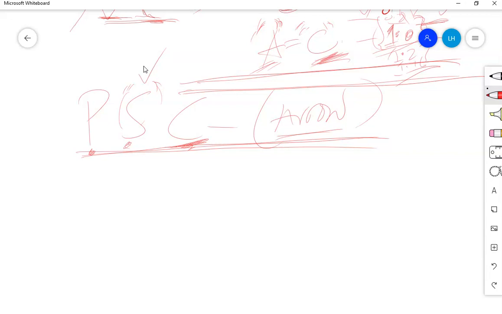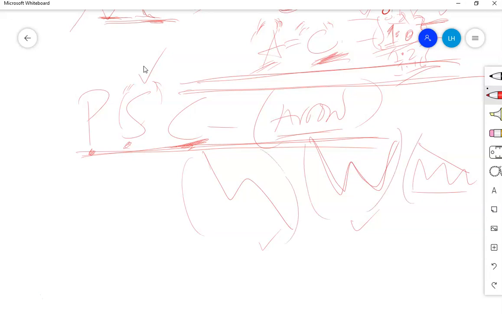With corrective waves, we know things like zigzag, flat, or triangles. They sound very simple, but a zigzag has its own potential variations, and a flat also has its own potential variations. So in the coming sessions, we are going to discuss all of the potential variations in order to make everybody able to trade with the PSC.